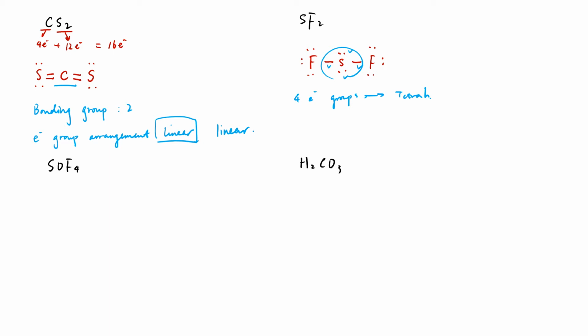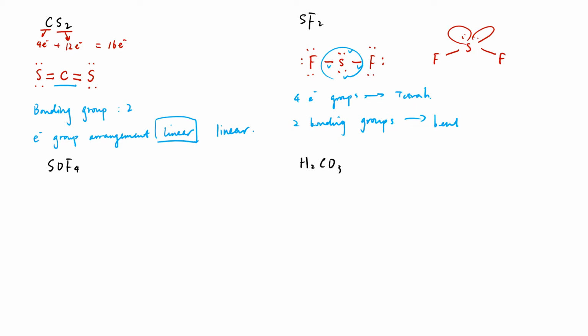And for the bonding groups, there are 2 bonding groups, which means 2 non-bonding groups. If the electron group arrangement is tetrahedral and there are 2 bonding groups, the molecular shape is bent. So actually, it's like that. These are 2 lone pairs. Okay.